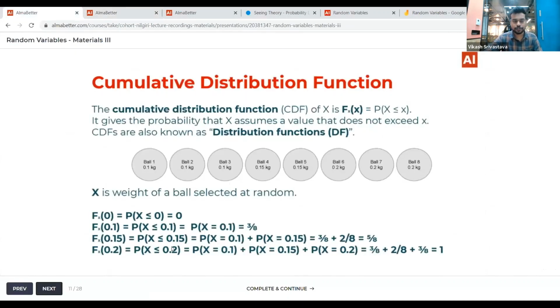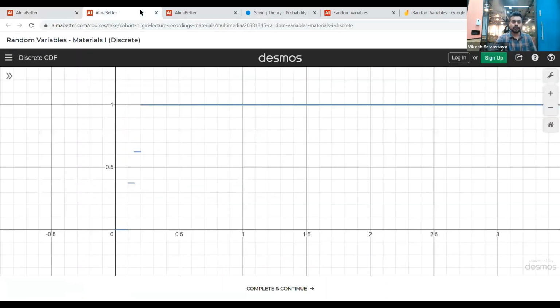Okay. So nice properties, right? As you can see, in this case, F_X of 0.2 is 1, so the total cumulative probability is 1. So let's say if you pick any ball, and X takes the value 1.5, the cumulative probability will be defined by probability of capital X less than or equal to 1.5.